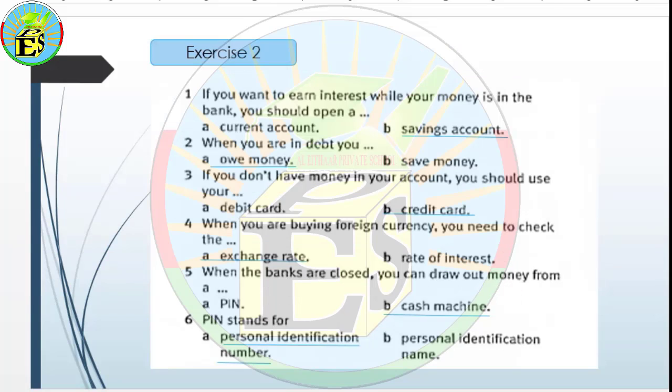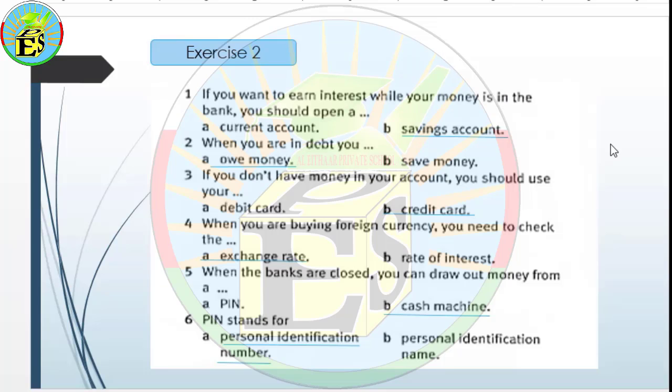Number 1. If you want to earn interest while your money is in the bank, you should open a savings account. Great. Number 2. When you are in debt, you owe money. Owe means to have an obligation to pay or repay money in return for something received. Okay, number 3.